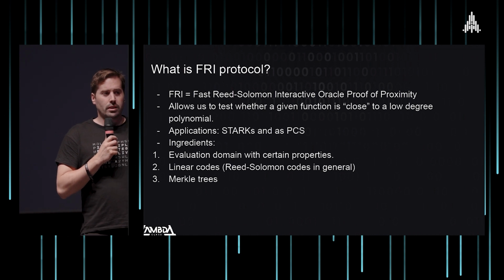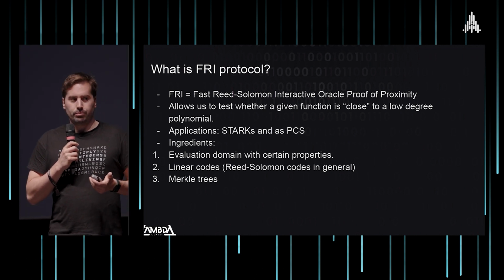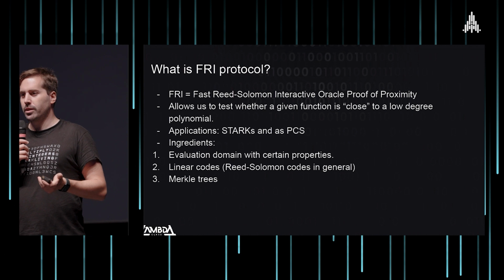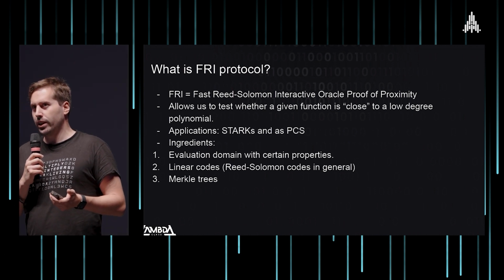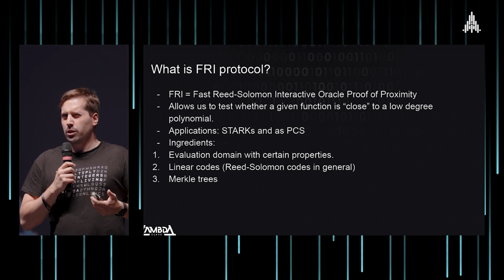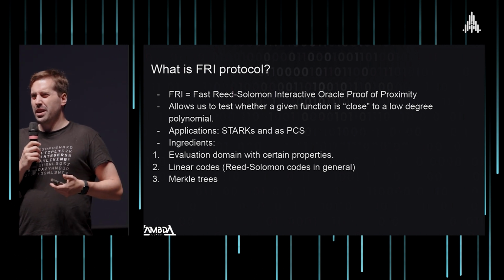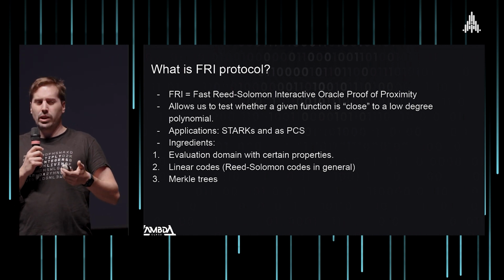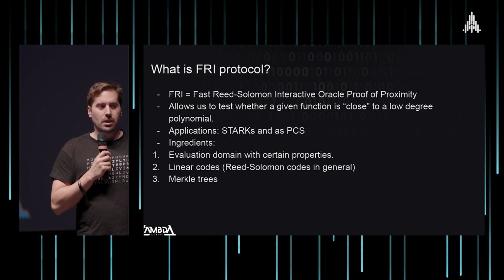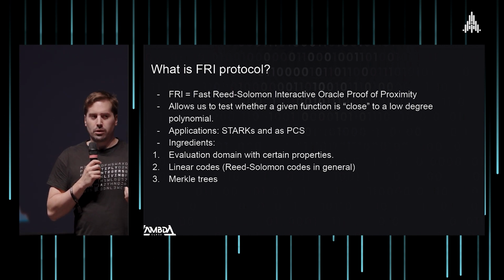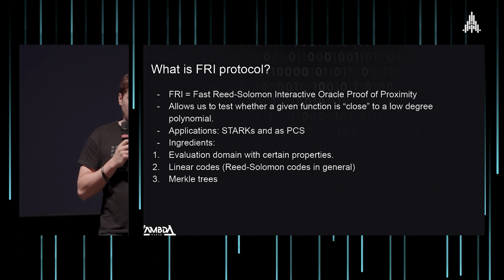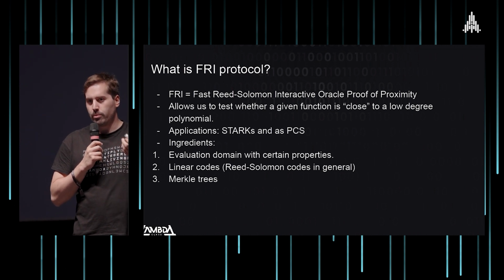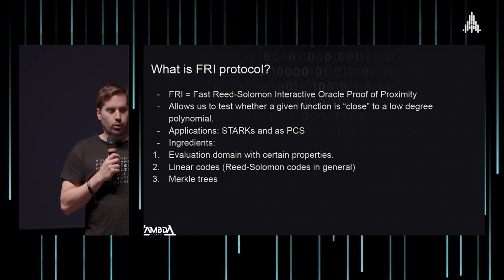So to build FRI, we need an evaluation domain with certain properties. Typically, we will deal with the roots of unity because we will have efficient evaluation techniques and we can prove things really nice. We will use linear codes. That's why we have Reed-Solomon, and of course Merkle trees to commit to all the evaluations.